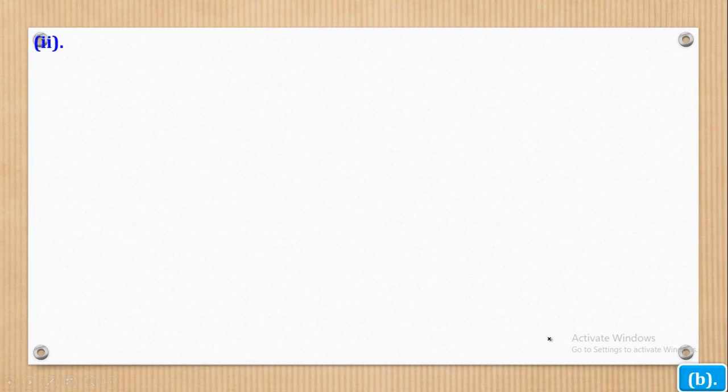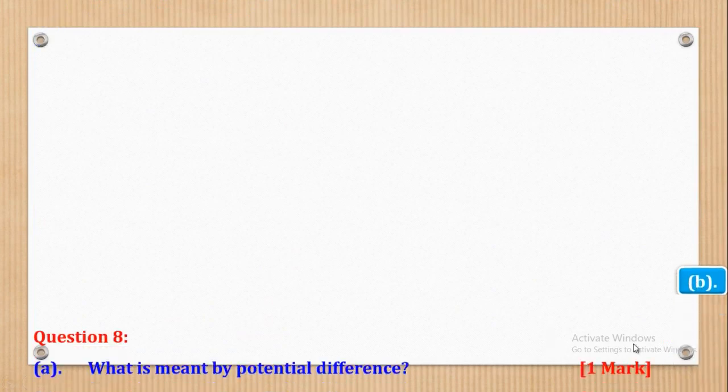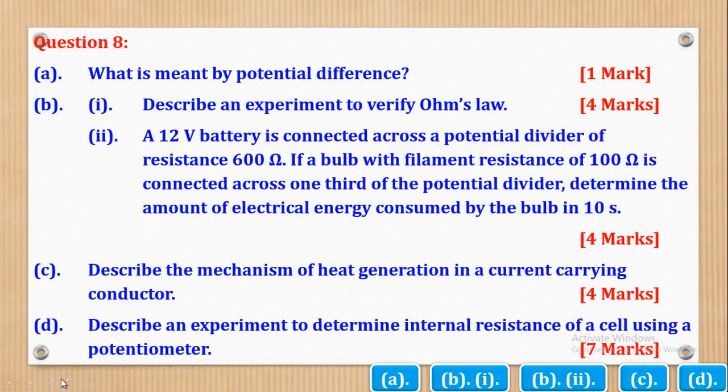So now we shall go to part B, Roman 2. So Roman 2 says a 12-volt battery is connected across a potential divider of resistance 600 ohm.